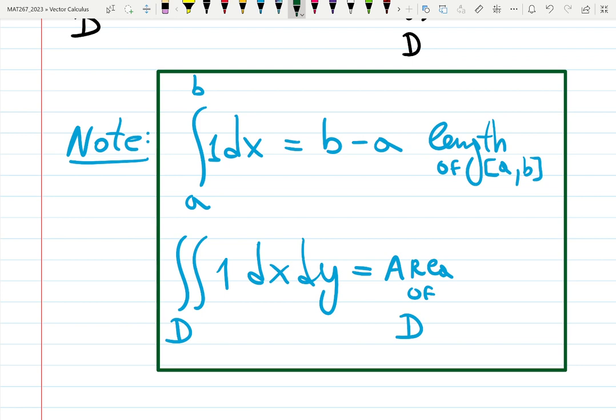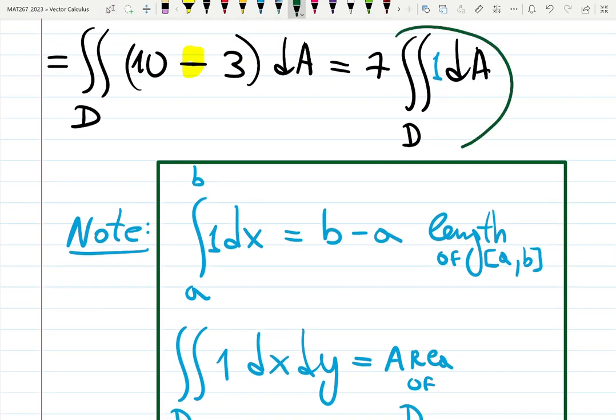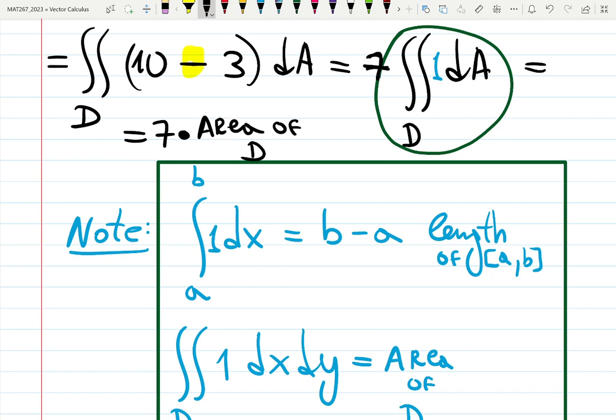So I don't have to parameterize anything. I just need to know the area of this D. Do we know what D is? So it's going to be 7 times the area of D. Let me just put it in parentheses.